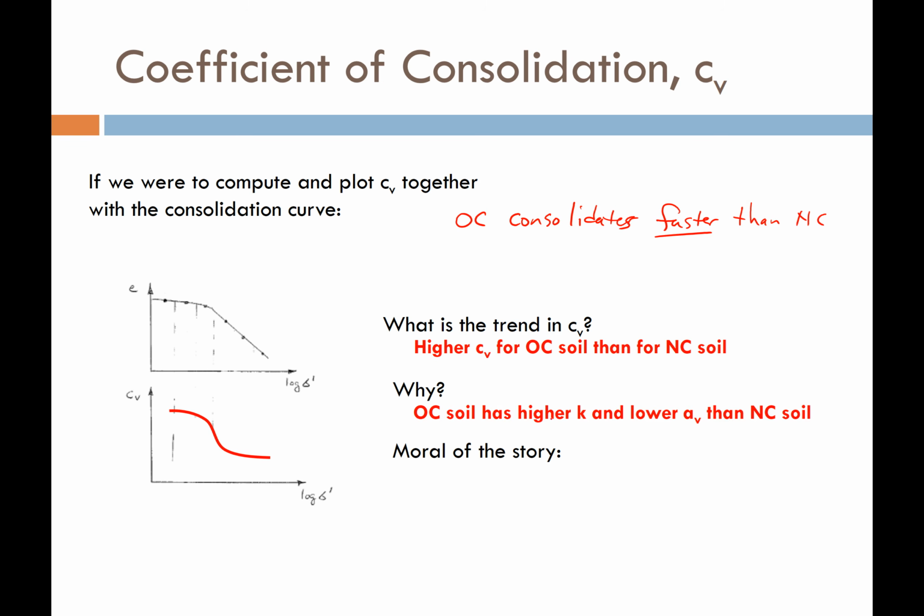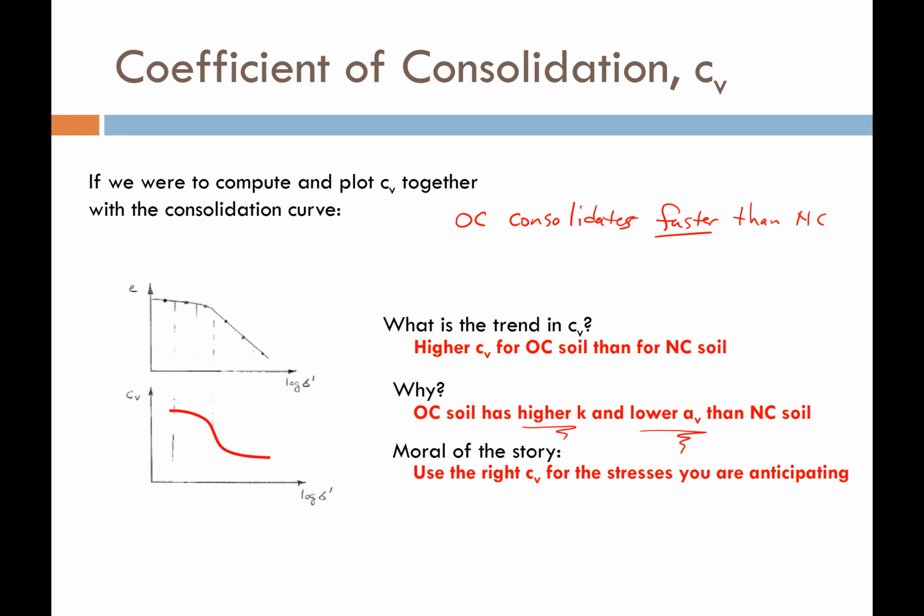Well, because over-consolidated soil has a higher hydraulic conductivity and a lower parameter that we haven't learned about yet, called a sub v, which has to do with the rate that the void ratio changes with the stress. We'll learn more about this in advanced soil mechanics. But I want you to understand that over-consolidated soil consolidates faster than normally consolidated soil because it has a higher C sub v value.